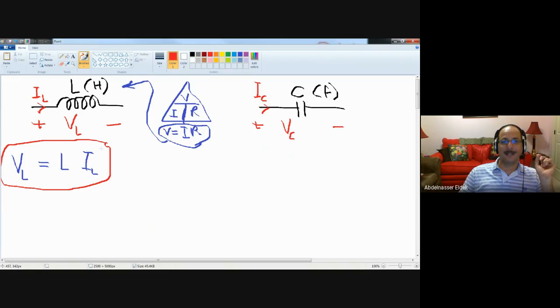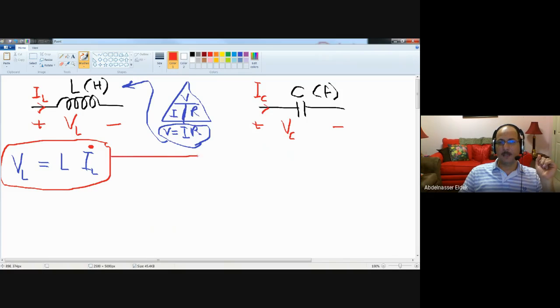The difference is this simple dot. VL equals L di by dt, which is I dot, di by dt. That's it. For the resistance, V equals I times R. For the inductor, V equals L I dot, di by dt. This is the only difference.